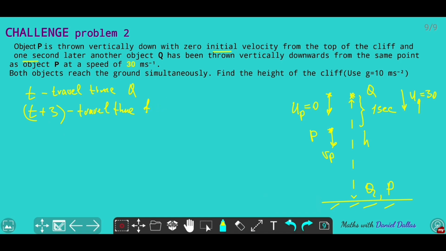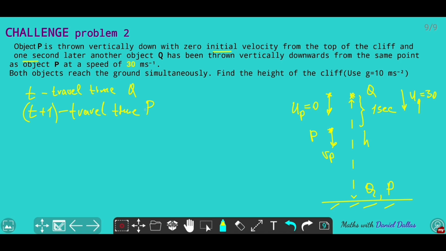Oh wait, why 3? Sorry, my bad. There's only 1 second. All right, so that's why we're going to write t plus 1. I just recently solved another problem where there were 3 seconds. So it's going to be t plus 1 second more for object P.